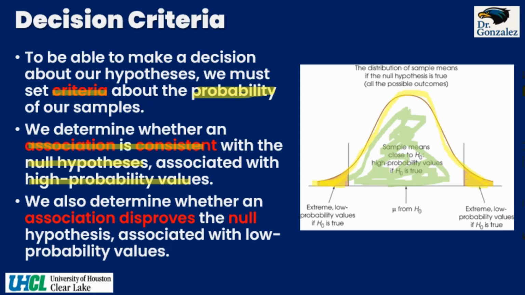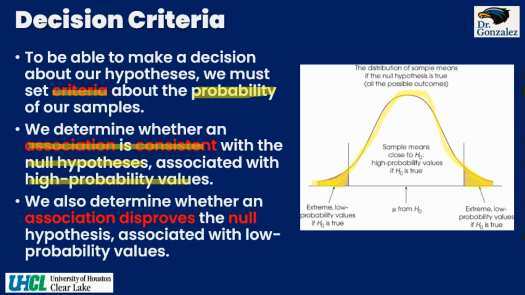So this green is going to relate to the null. And I'm going to erase this so you can see inside here. It says sample means close to H sub 0. That's the null hypothesis. So if the null is true, then I'm going to get a value that's going to be inside this curve right here, not in the extreme ends. Okay?